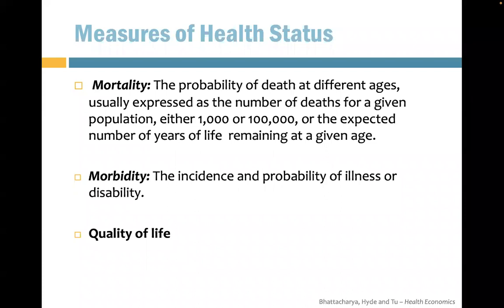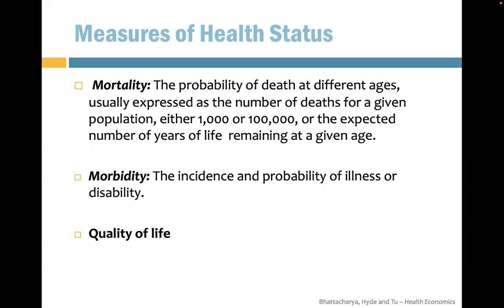So first we need measures of health status. We need measures of healthiness. Again, healthiness. So the first one we look at is usually mortality. This is the rate of death or probability of death at different ages. Usually it's expressed as the number of deaths for a given population, let's say a certain number of deaths per 1,000 or per 10,000 people.